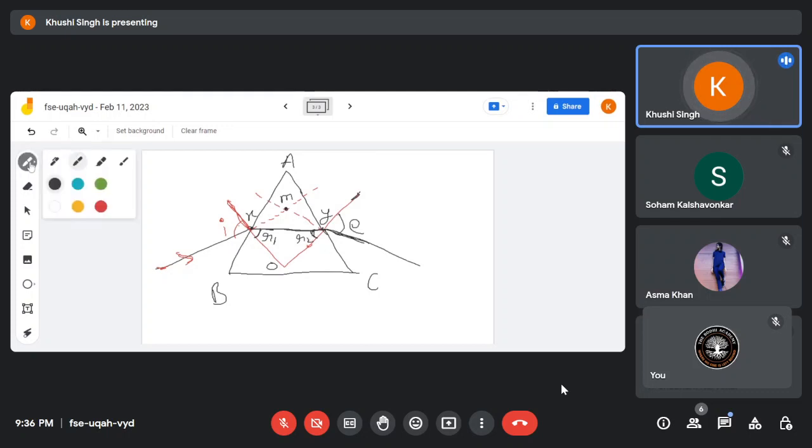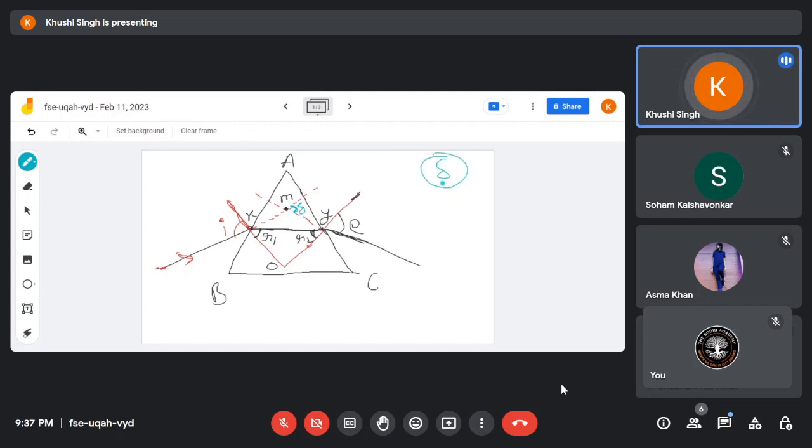And the aim of the derivation, it's a derivation, right? Here it is hidden. Check, this is the part which is called the angle of deviation, delta. So what is our aim in this prism? Basically we want to find out what our angle of deviation value is and how it varies.